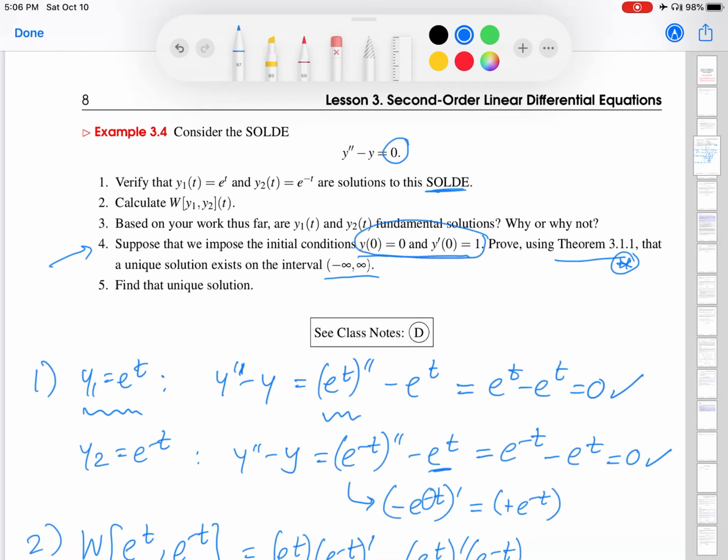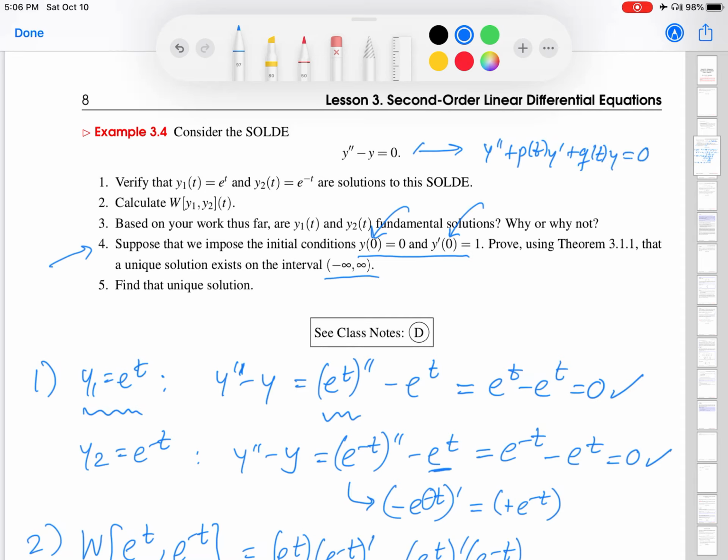And then the fourth one is that the P of t and the Q of t functions in the solved are continuous on the interval containing the t value of the initial conditions. Okay, so the standard form, remember, for a solved is this, for a homogeneous one at least.